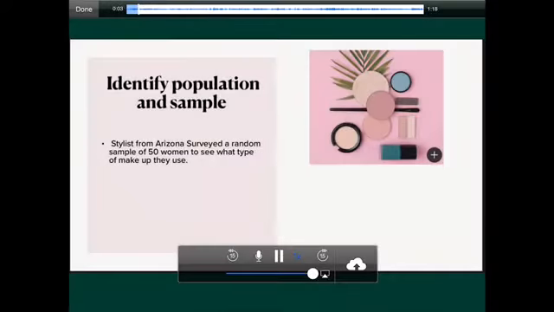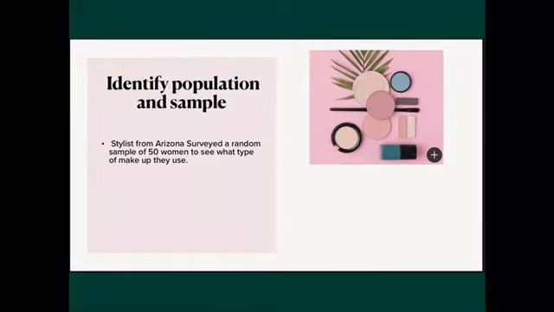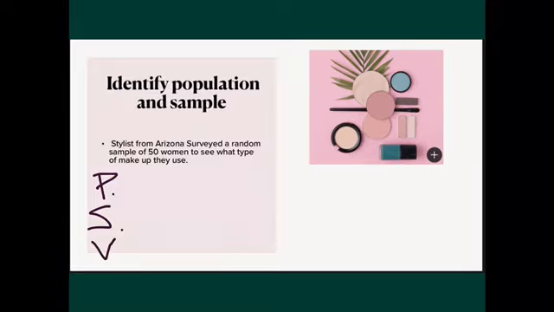So this is another example of another exercise. Here you have to identify a population and a sample. Here, Stella from Arizona made a survey of a random sample of 50 women to see what type of makeup they use. So let's start by putting what is the population, what is the sample, and what is the variable.